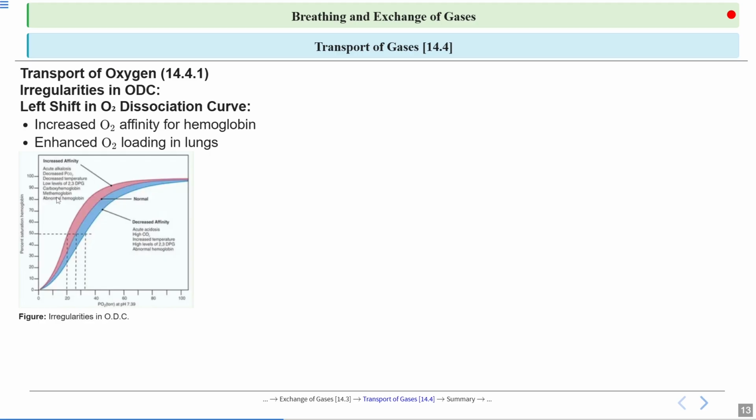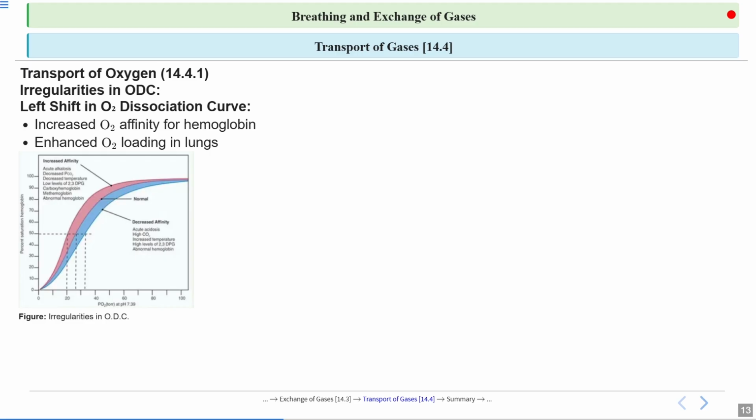Here it is acute alkalosis. Alkalosis refers to the condition where the blood is excessively alkaline due to rapid disturbance in the body's acid base balance.